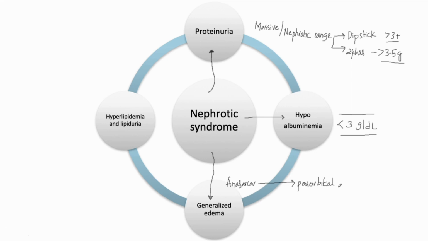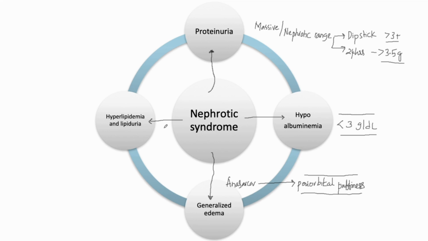Later, in severe conditions, you will see anasarca. But periorbital puffiness development in the early morning is classical of renal disease. The fourth component is hyperlipidemia and lipiduria. Let us discuss why the lipid levels are high and why there is excretion of lipid in the urine.